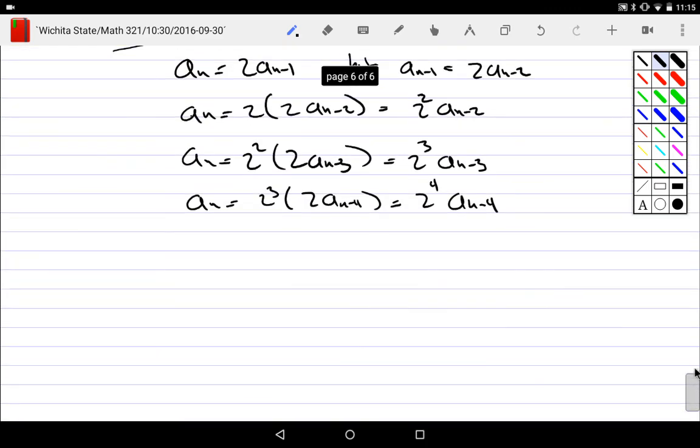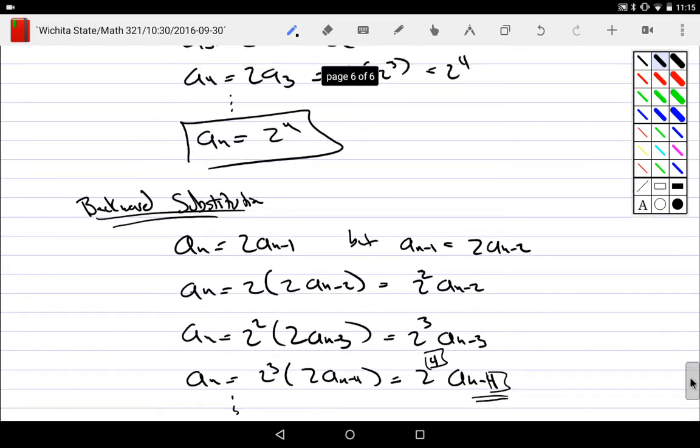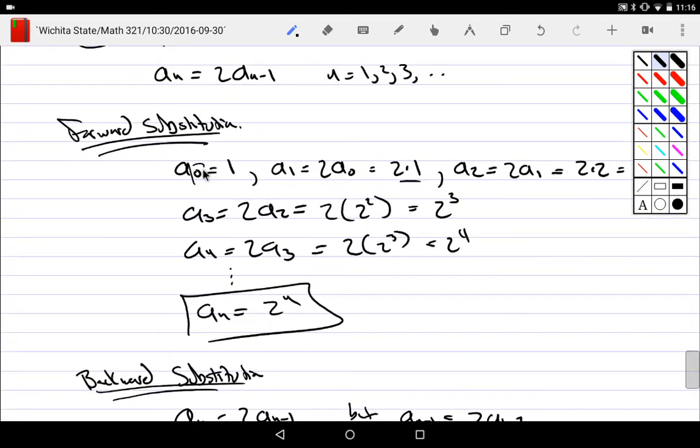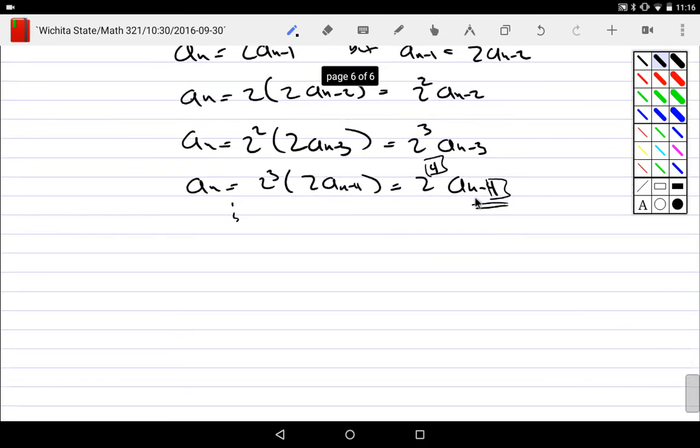All right, how long will that go? Does everybody see the pattern? That number is always that number. How low does n minus whatever go? What's the smallest that we have? A0. What would I have to take away so that this last thing was A0?